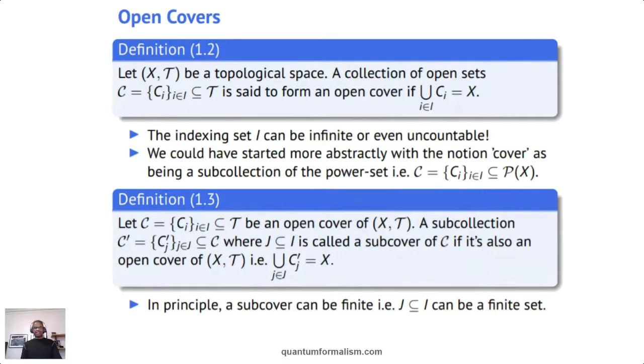That's what we are interested in. So that's what a cover is. A cover is essentially a sub-collection of the topology that when you take their union, you recover the space X, okay?